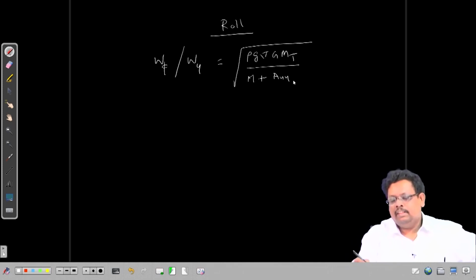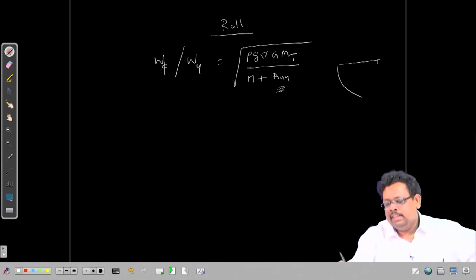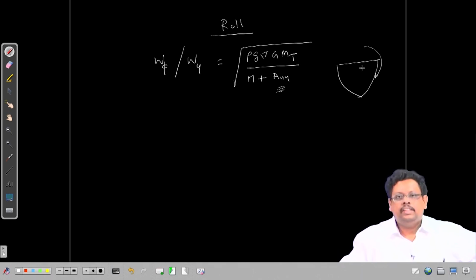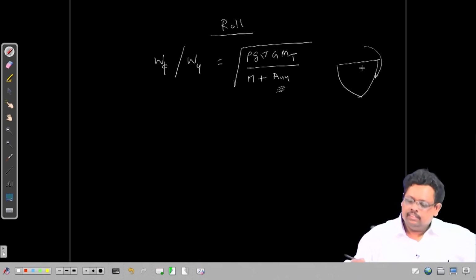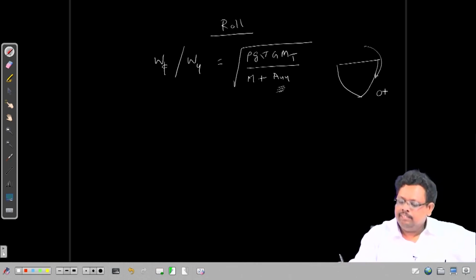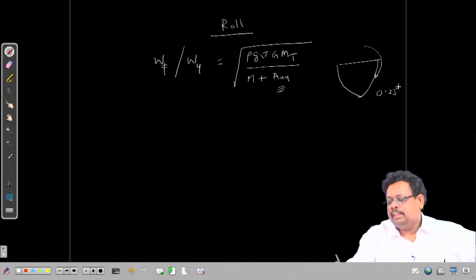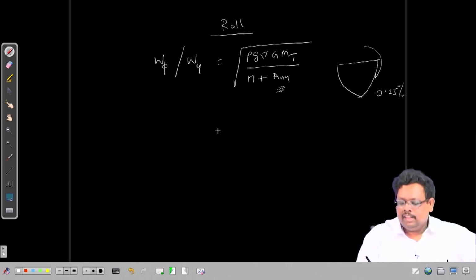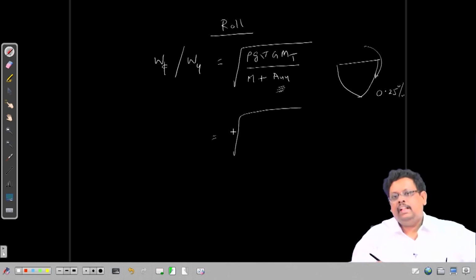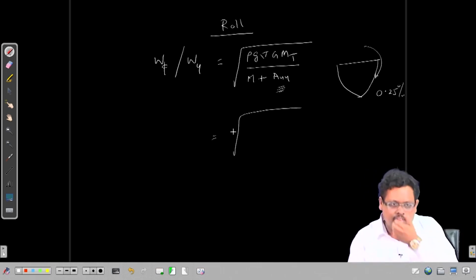This is much lesser compared to the pitch, because if it rolls, it really does not displace much water as such. So this could be taken as, let us say, maybe 2.5% of the whole mass of the body. Now, it is just a very crude approximation.